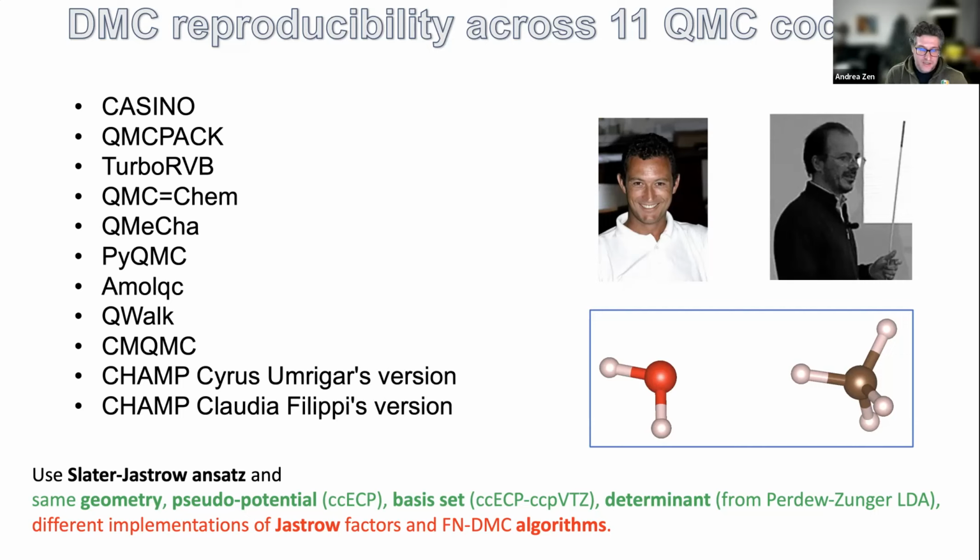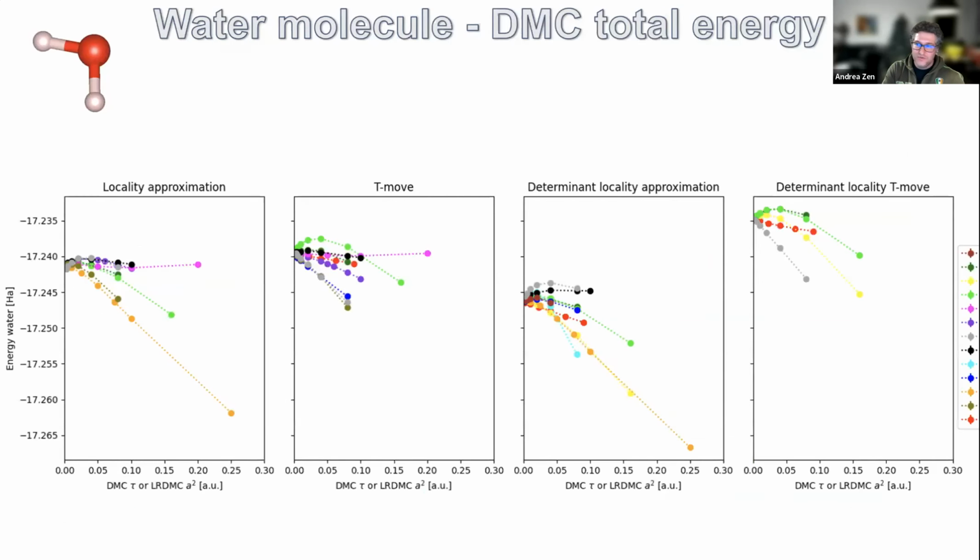But then I thought it would be good to generalize the problem to all the community, and so I got the main developers of many other codes and asked them to do their own calculations. We defined the ansatz, the geometry, pseudopotential, basis set, and determinant, and we try to see if we can converge on the same results. This is a work in progress, so it's not yet finished, but so far I have a lot of results from all the codes.